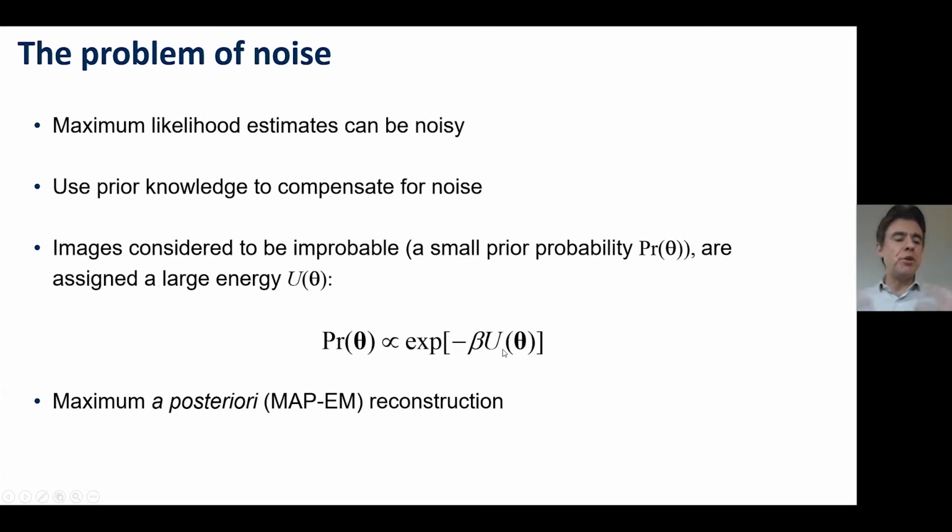And what we're saying is we want images with low energy. So noisy images have high energy, good images that we say are good have low energy. And that's going to be encapsulated in this probability, this audacity of saying we know what the probability is of a given image.